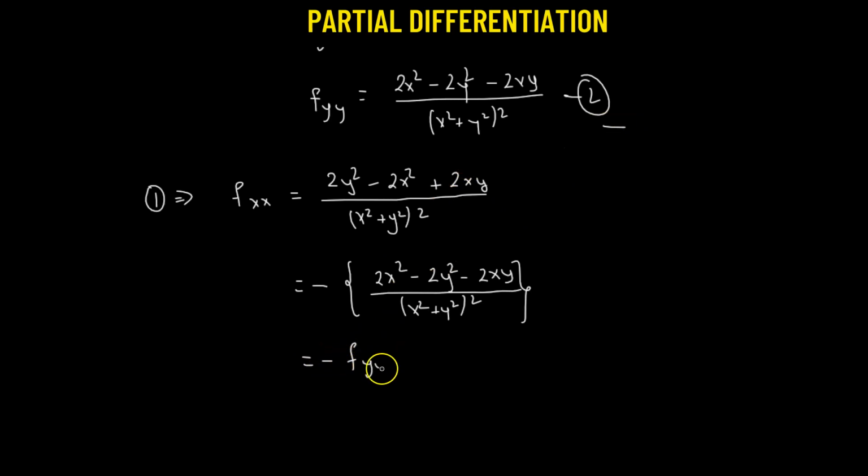So we will have f_yy. So that means f_xx equals negative f_yy, or in other terms we can say that the second partial derivative of f with respect to x added to the second partial derivative of f with respect to y will be simply equal to 0. So this is what we were asked to prove.